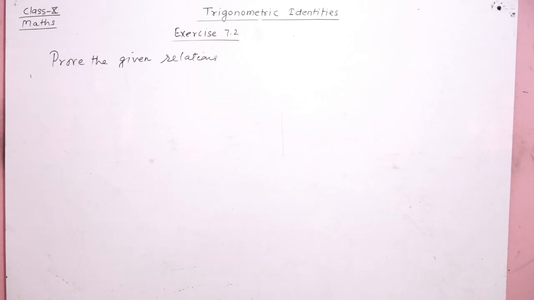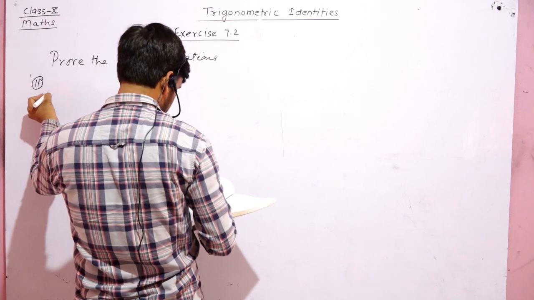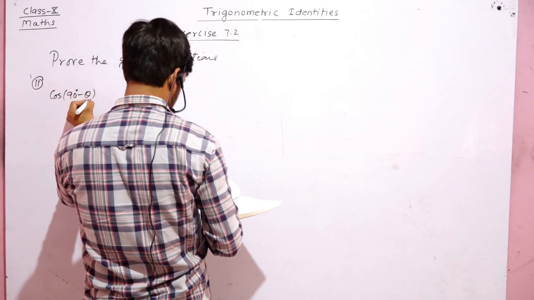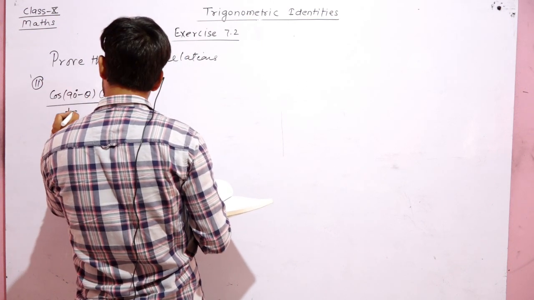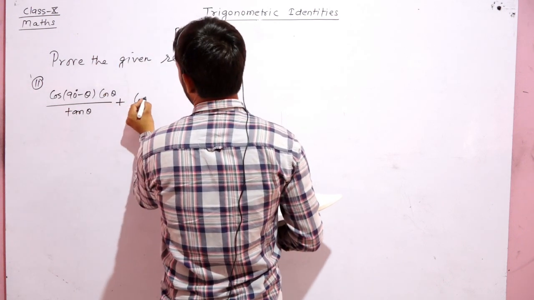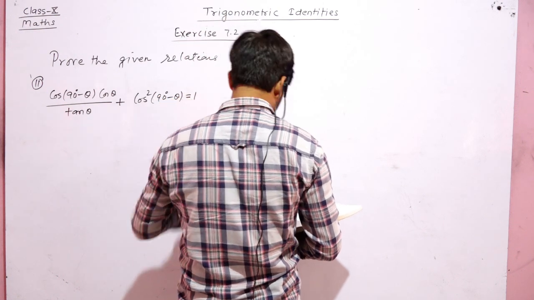Question number 11 is given as cos(90 degree minus theta) into cos theta, divided by tan theta, plus cos square of (90 degree minus theta), and that should be equal to 1.